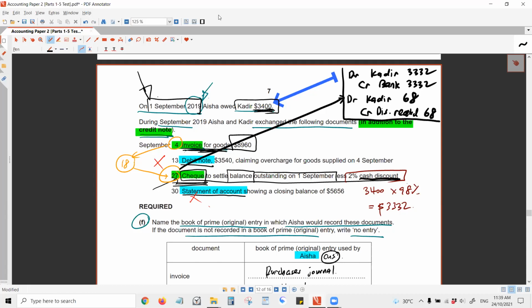If you need to write this down, please do. Many students forget to do the entry for the discount. So now debit Cardeal 3332, and also debit Cardeal 68.